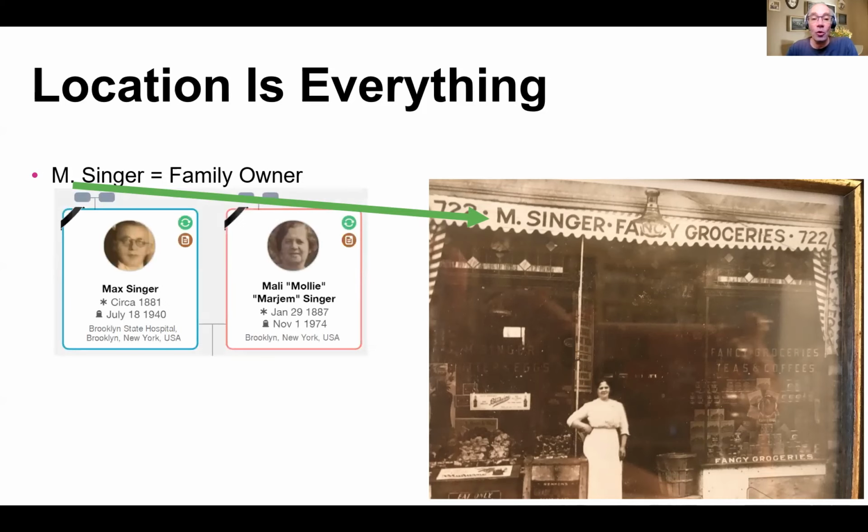The problem comes when this was a picture from Max and Molly or Mally Singer, which actually means that the M could be for either one of them.